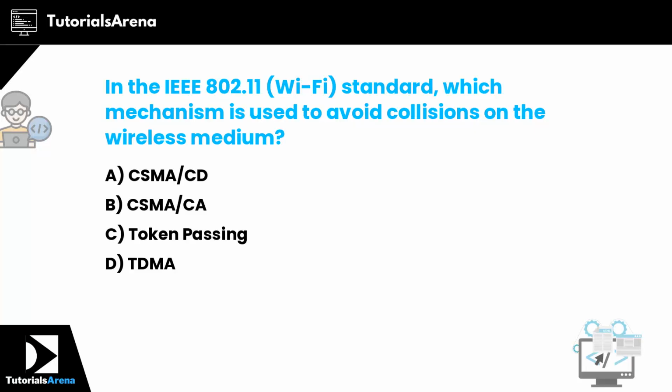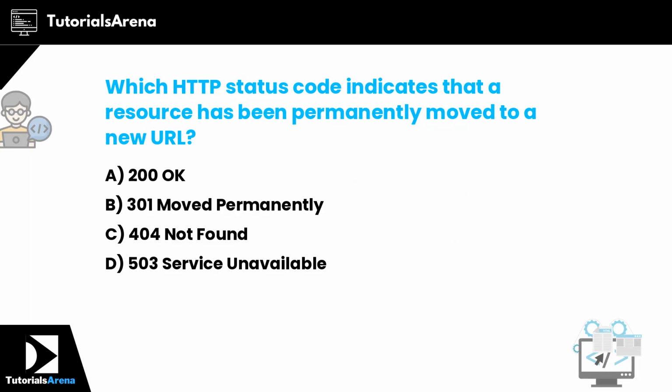In the IEEE 802.11 Wi-Fi standard, which mechanism is used to avoid collisions on the wireless medium? The correct answer is option B, CSMA/CA. Which HTTP status code indicates that a resource has been permanently moved to a new URL?